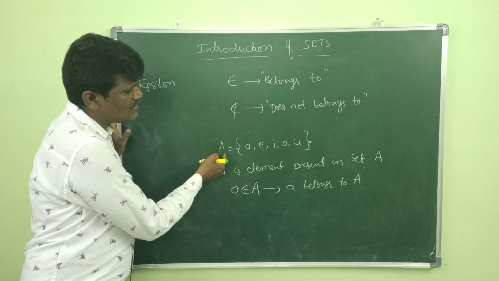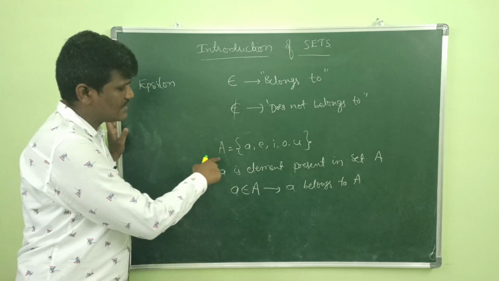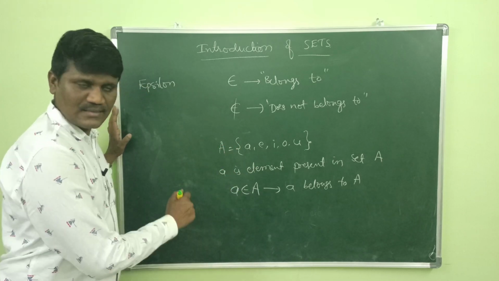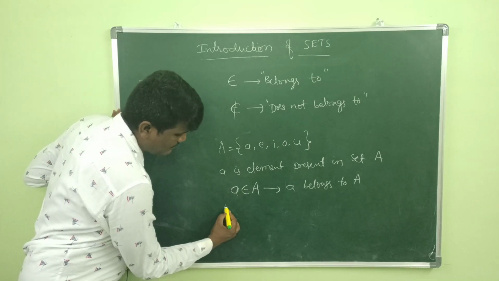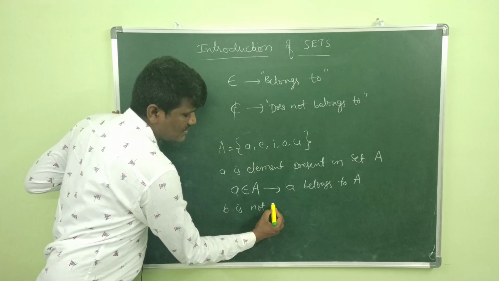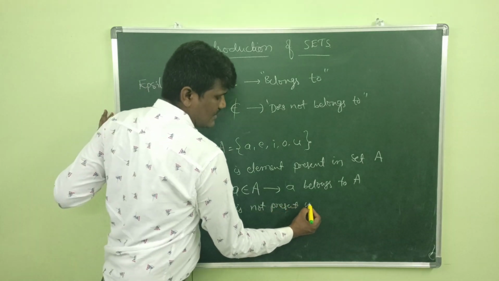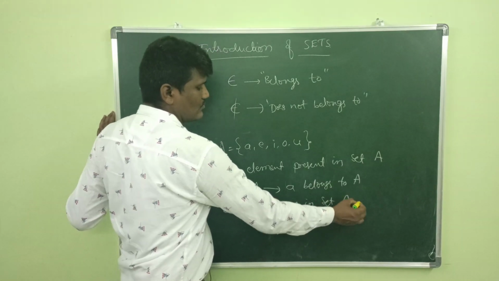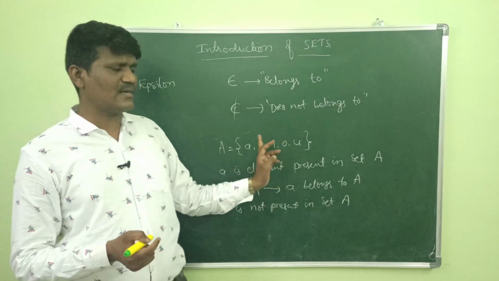Suppose b is not in this set, c is also not in this set. So suppose I take b is not present in set A. Whether b element is in this set A?